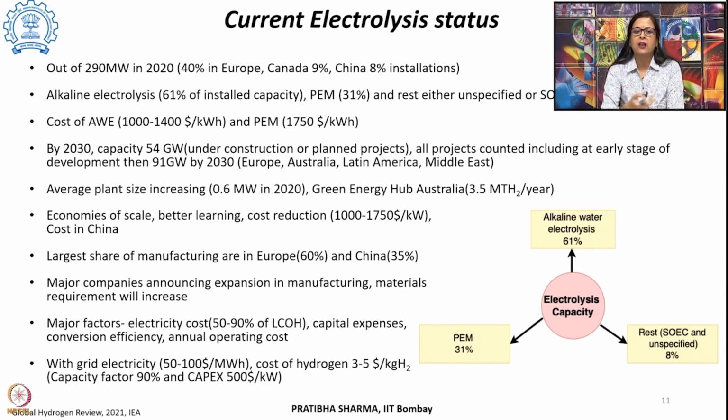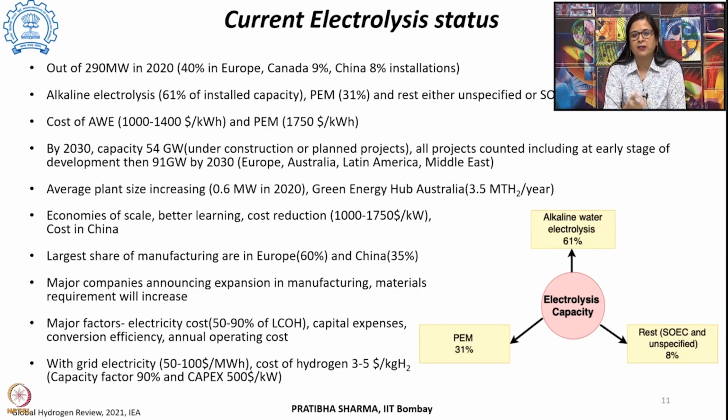There are several other companies which are expanding, but when the manufacturing capacity increases, the requirement of materials will also increase. But we expect that in future, with more technological advancement, the amount of precious materials that will be used will reduce.